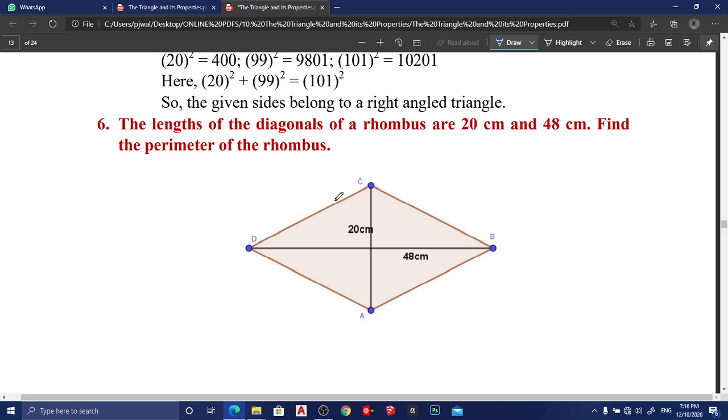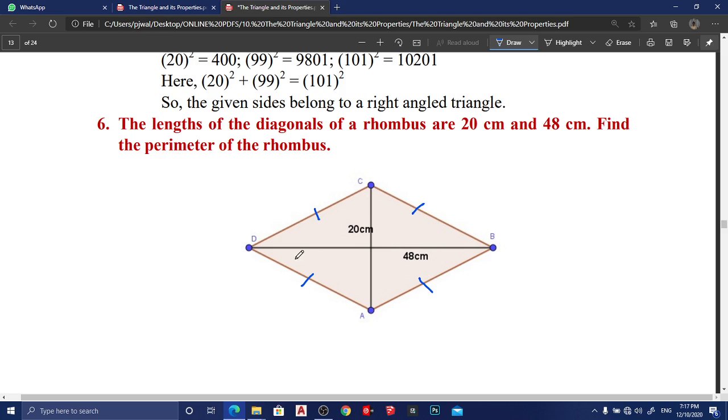A rhombus is a square-type figure which has all the sides equal, but the angles are not equal. But in a square, all the angles are also equal to 90 degrees. Here all the angles are not equal.